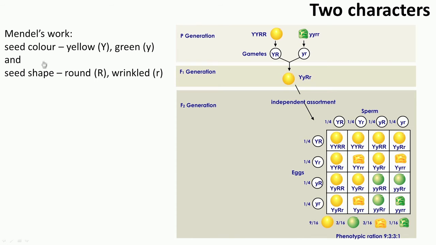Therefore, the inheritance of seed color would be independent of the inheritance of seed shape. That is what it means.